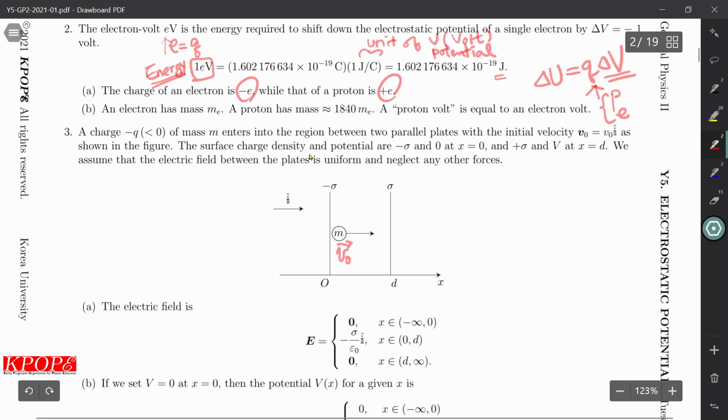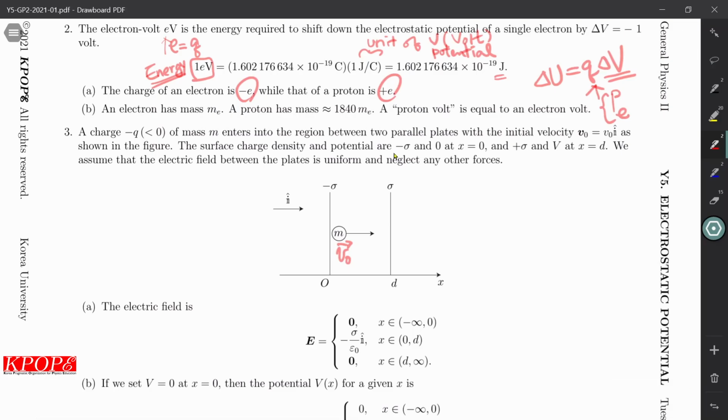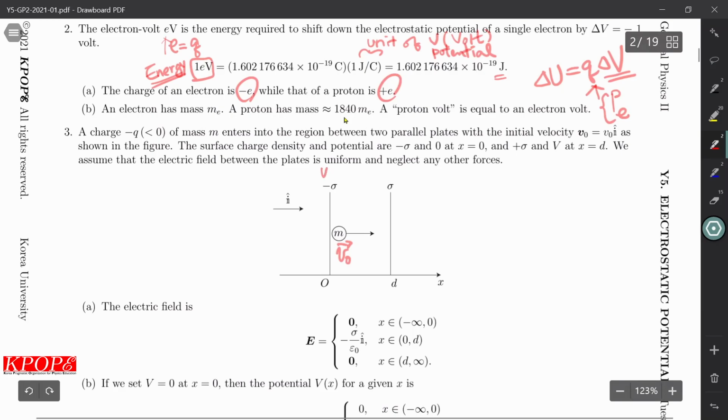The surface charge density is minus sigma at x equals 0, where V equals 0, and plus sigma at x equals d, where the potential is V. We assume that the electric field between the plates is uniform and neglect any other forces.